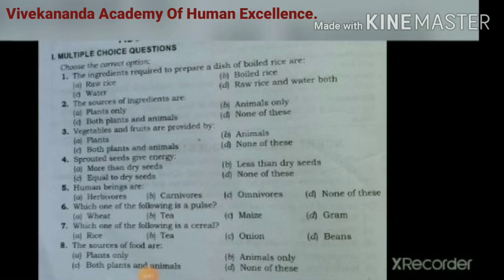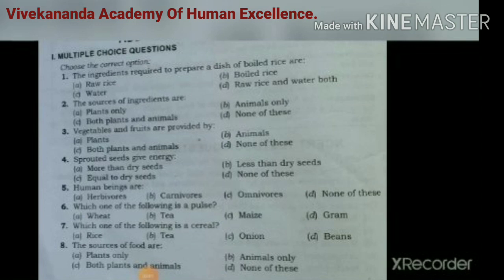Next, 7th question. Which one of the following is a cereal? A. Rice, B. Tea, C. Onion, and D. Beans. So if we consider the cereal, option A, rice, is correct.